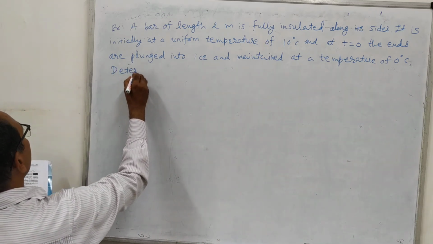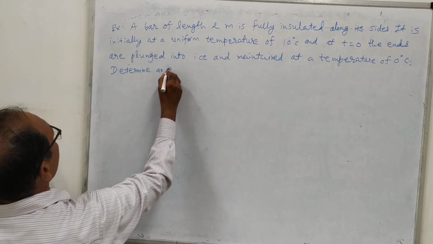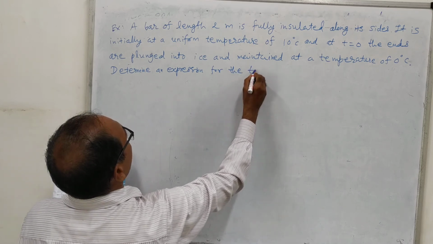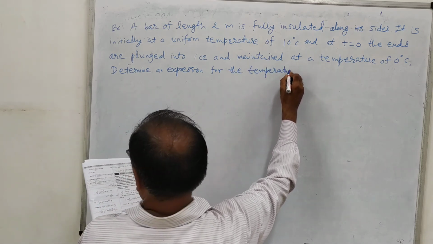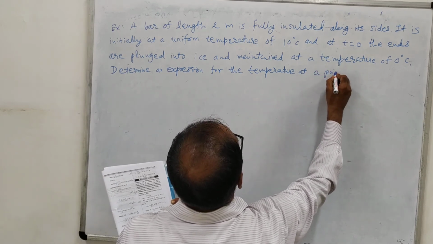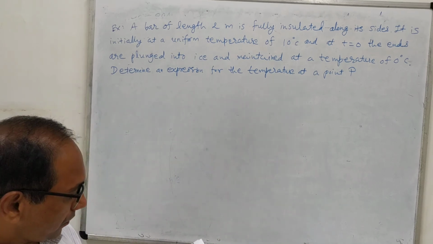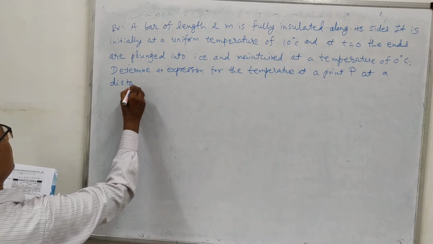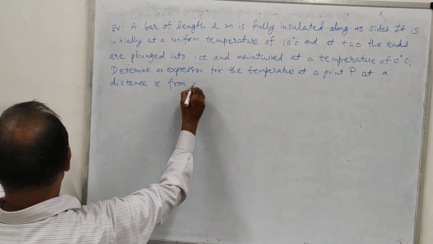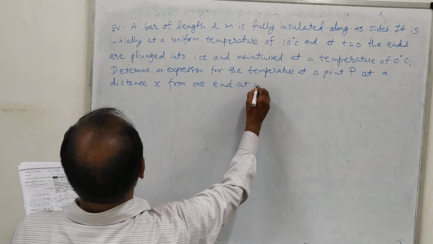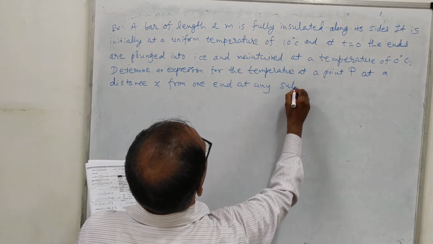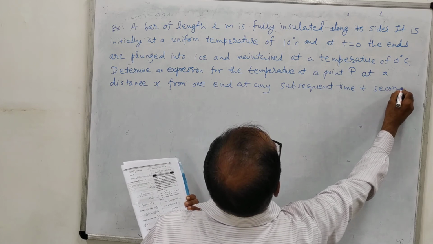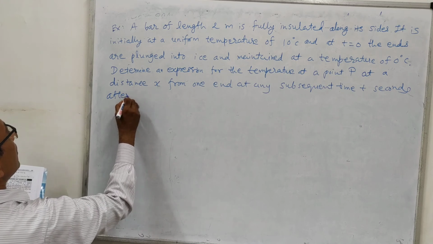Determine an expression for the temperature at a point P at a distance x from one end at any subsequent time t seconds after t equal to 0.